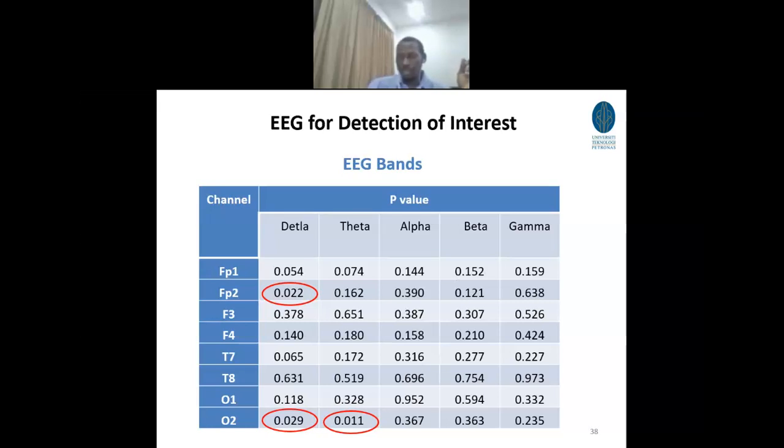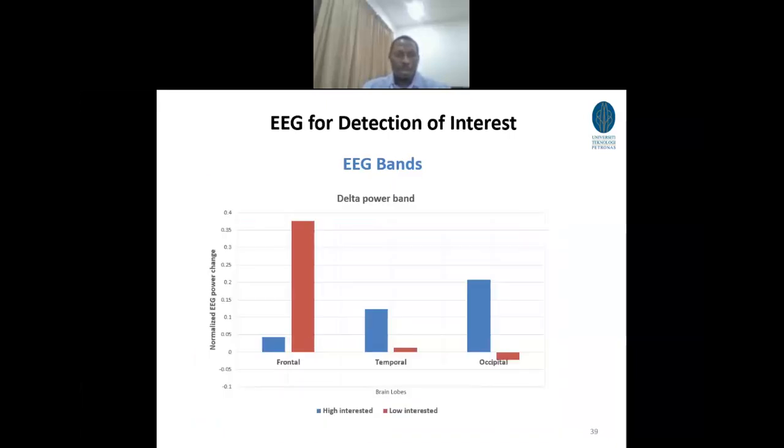Once we know that it's not significant, we don't need to go ahead with these features, because definitely they will not be able to give a good result in terms of differentiating the two groups. So then we concentrate on the delta band, because this is where we have 2 values that are less than 0.05.